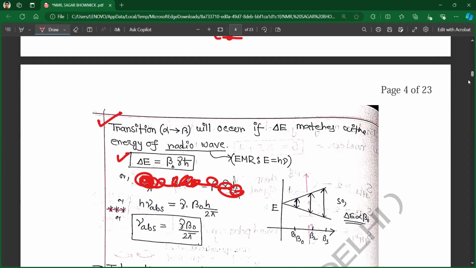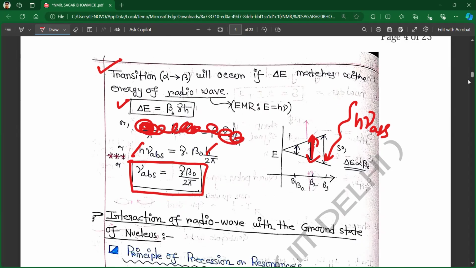So delta E means H nu, because for transition, the energy of the radio wave, that is H nu absorbed, is basically equal to delta E. So delta E equal to H nu absorbed equal to gamma B naught H cross, meaning H by 2 pi. Now H cancels out, nu absorbed equal to gamma B naught by 2 pi. So these expressions are very much important. Why? Because in the exam, numerical questions come from this type of equations.